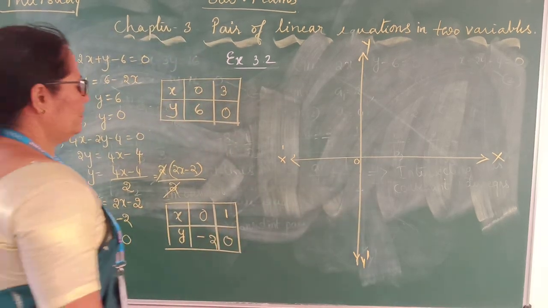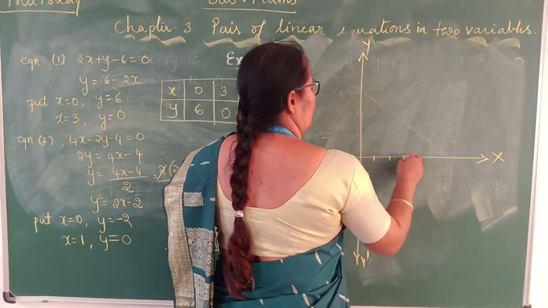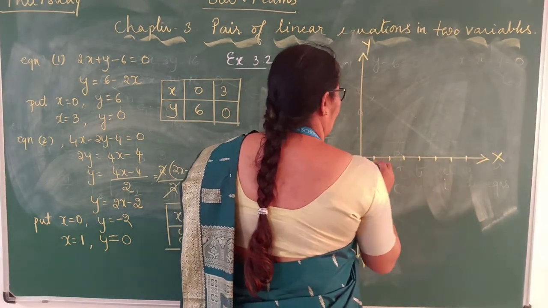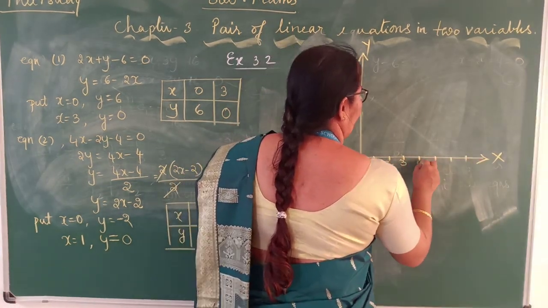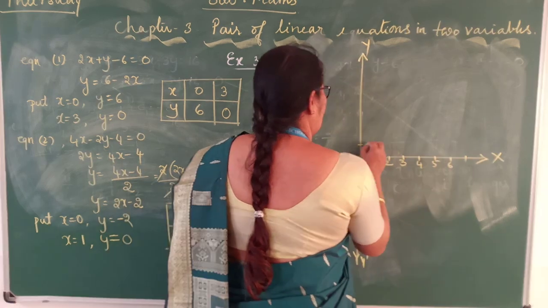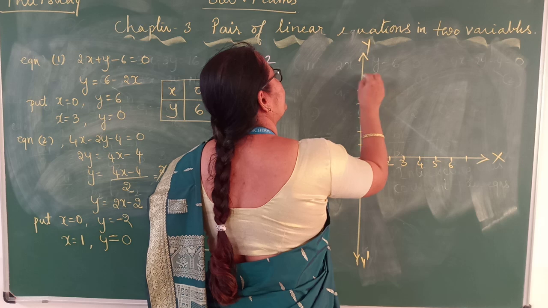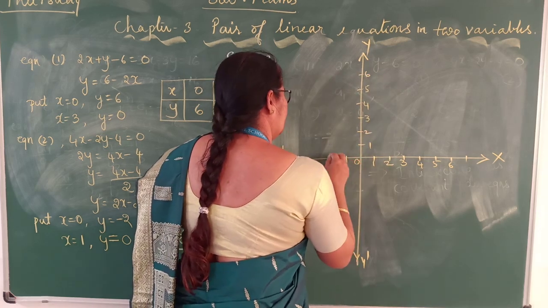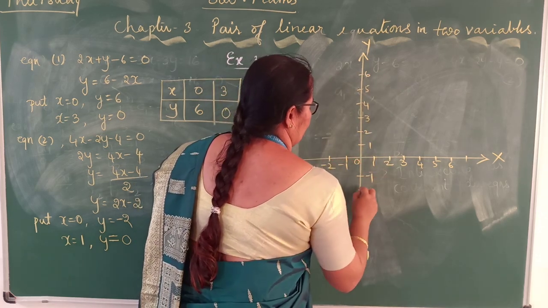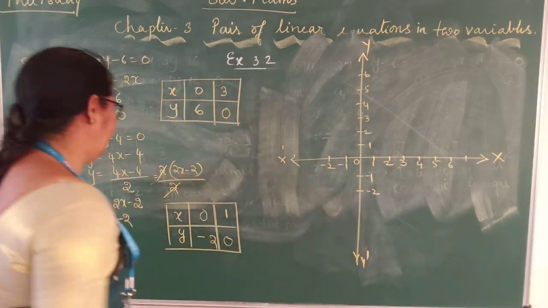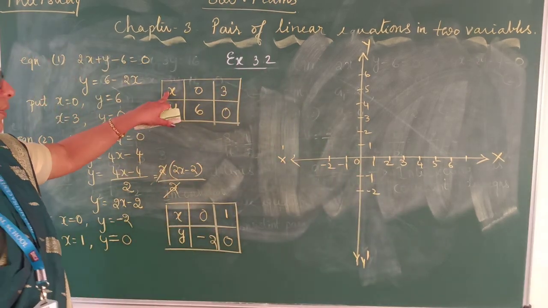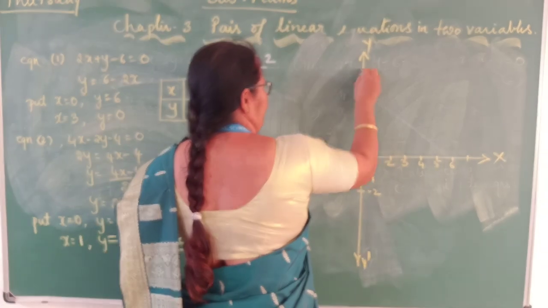Now divide the axes equally, into equal units: 1, 2, 3, 4, 5, 6. Here also on the y axis, you have to make equal divisions. Now when x is 0, y is 6 here.